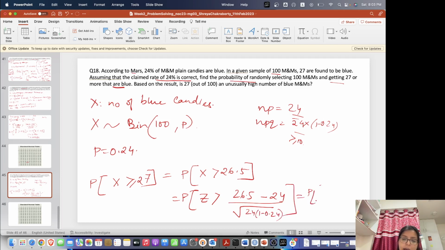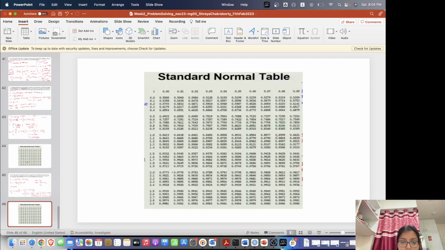So this will come as probability Z greater than 0.5854, which is nothing but 1 minus probability Z less than or equal to 0.59, let's say. If we go back to the table, 0.5 and 9 is this value, 0.7224.